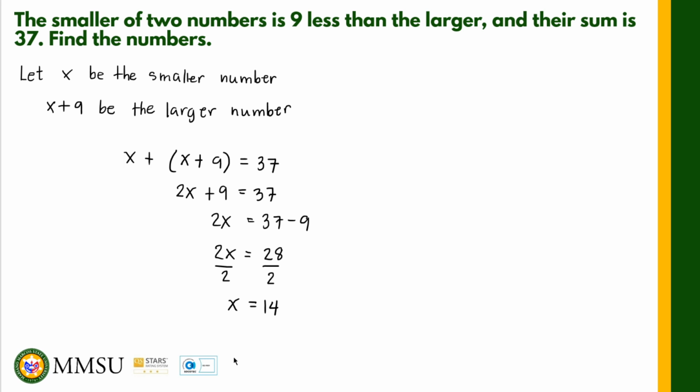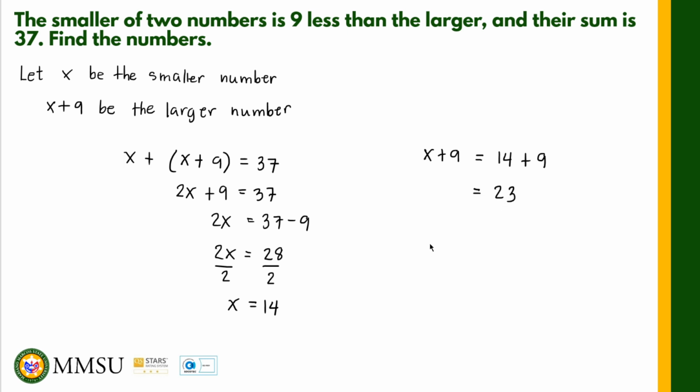So that is the smaller number, because x is the smaller number. And then let us solve for the larger number. So x plus 9 is equal to 14 plus 9, which is equal to 23.